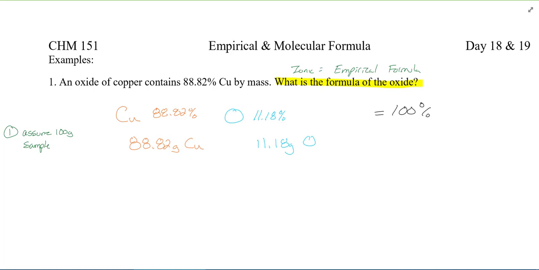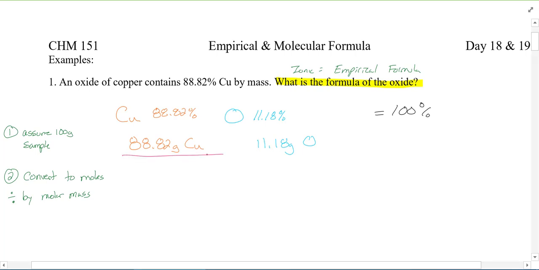Step 2, I want to get to moles. So we're going to convert to moles. How? I'm going to divide by the molar mass, because that's the ratio of grams to mole. Molar mass is grams to mole. So for copper, the molar mass of copper is 63.55. For oxygen, it's 16.00.